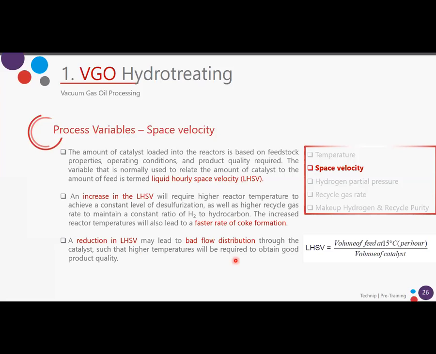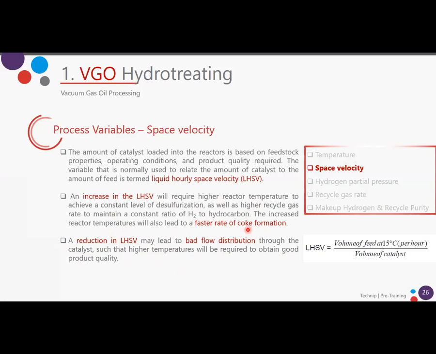So higher temperatures will be required to obtain good product quality. So more or less, if we increase or reduce this liquid hourly space velocity different from the design value, we will have to manipulate other variables to get the same product quality, but we will have more coke formation.